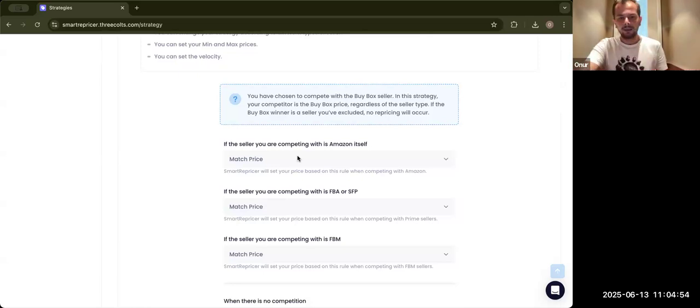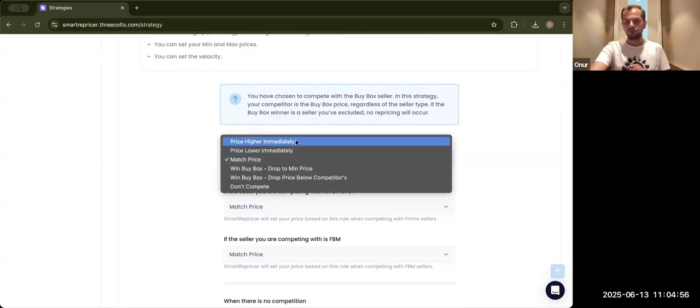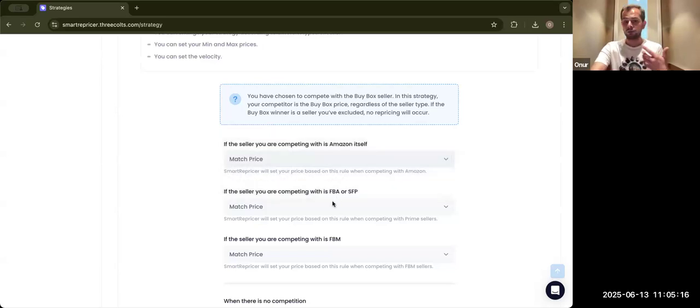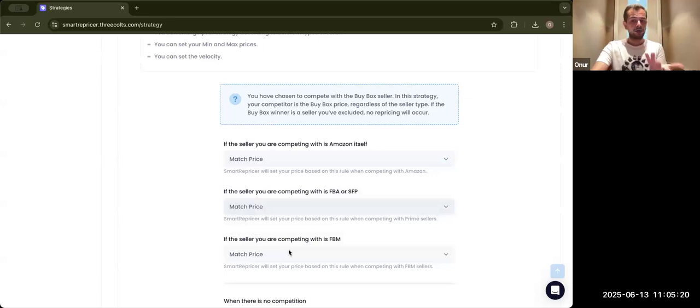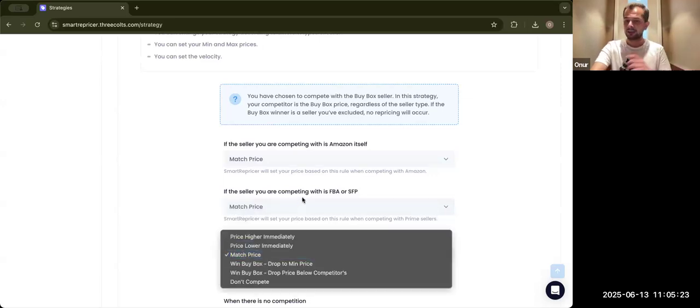When you are going to compete with Amazon, you will have 6 options: price higher immediately, price lower immediately, match your price, win buybacks and drop the minimum price, win buybacks and drop price below competition, and don't compete. So these 6 options will always be there. When you are going to compete with FBA, these are the same options, or when you are going to compete with FBM, these are the same options.